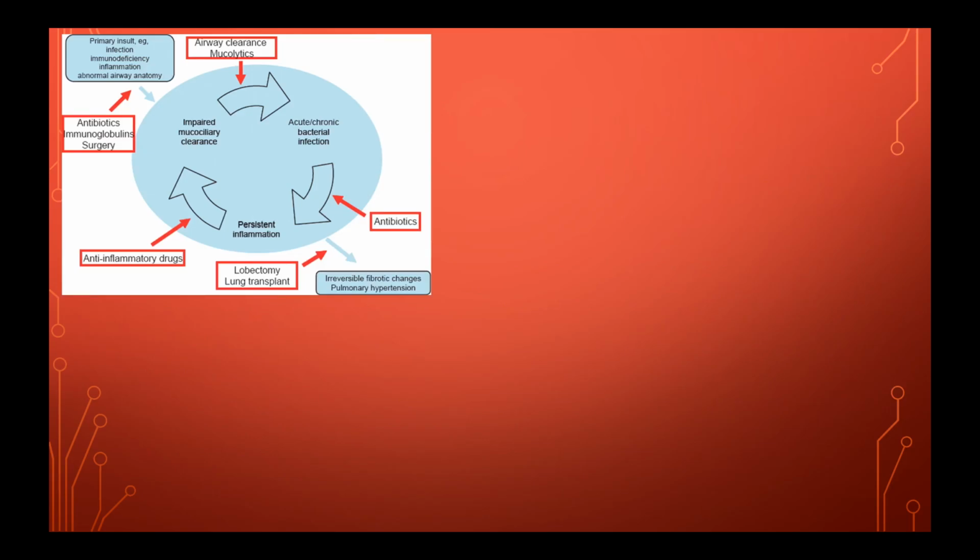Antibiotics and immunoglobulin for primary immunodeficiency will be treated, and we can use anti-inflammatory drugs. When all medical and conservative management fail, you have to remove the infected lobe. Basically, we will do the two treatment process.